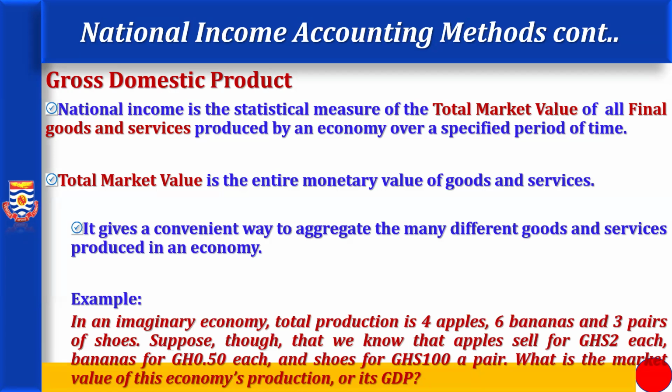So the total market value here that we are referring to is the entire monetary value, the monetary value of the goods and services, right? Let's look at this very simple example.